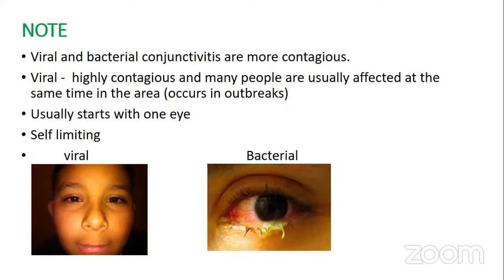This usually occurs in outbreaks, just like the current outbreak we're having here in Uganda. It usually starts with one eye and progresses to the other within 24 to 48 hours, although some might present with both eyes at the same time.